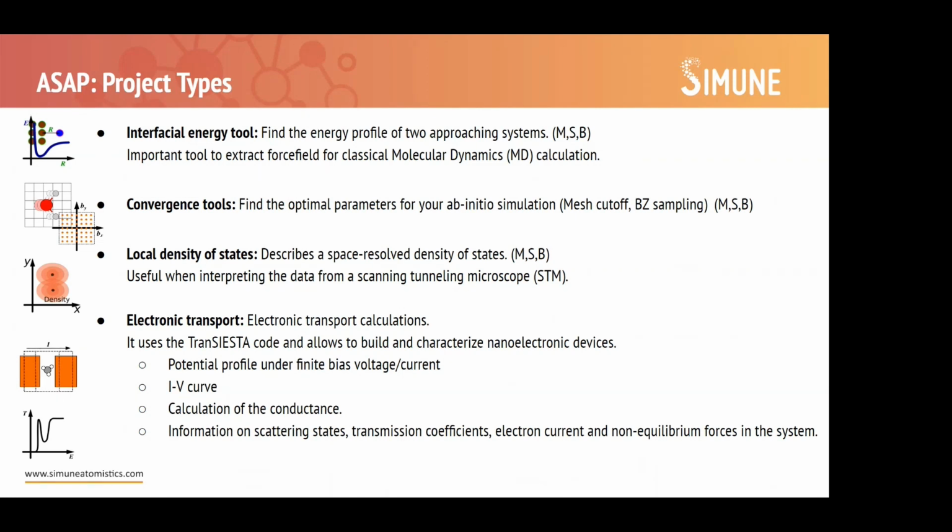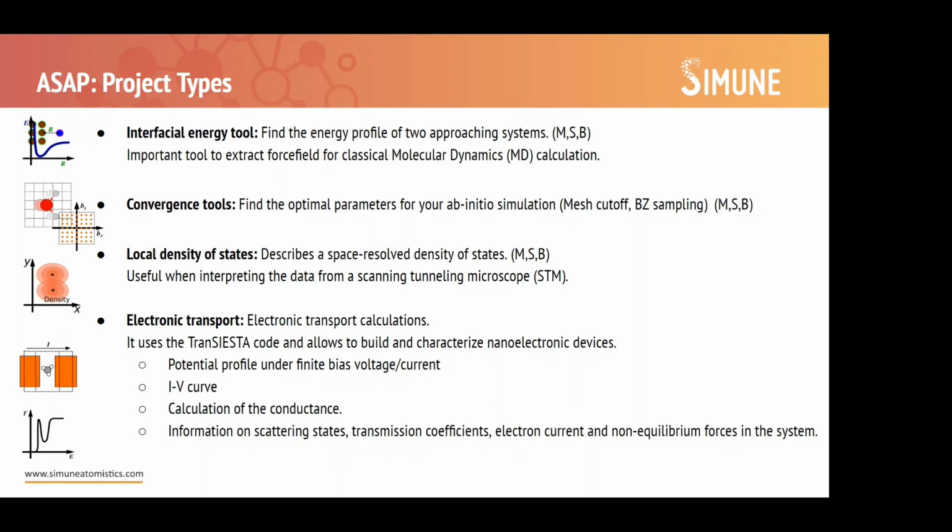Right. The next two projects are related to electronic nano-transport. Essentially, these projects use the TranSIESTA code to calculate nano-transport and characterize nanoelectronic devices. The projects use SIESTA and TranSIESTA to see the potential profile under finite bias and voltage and currents.